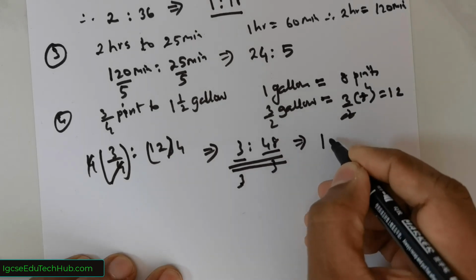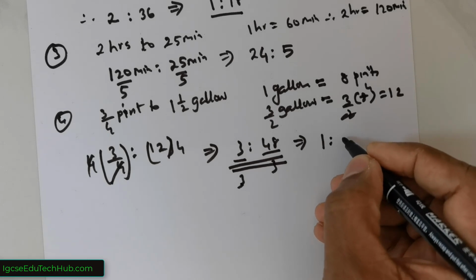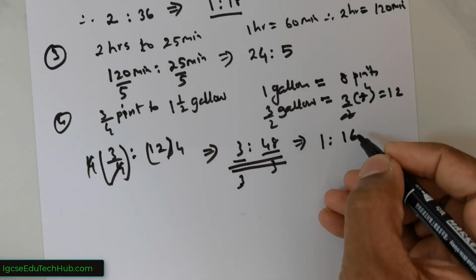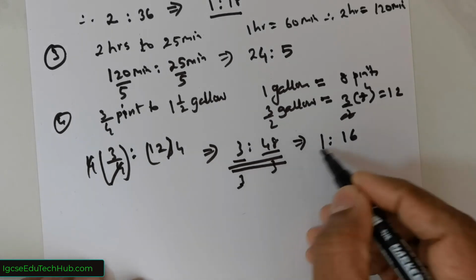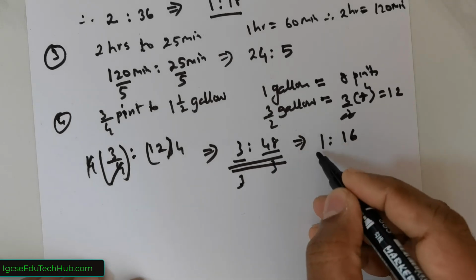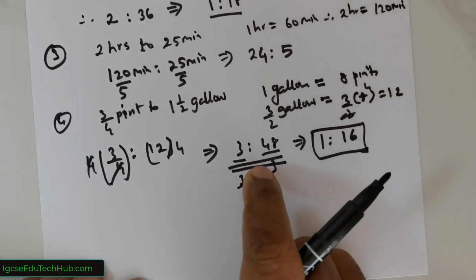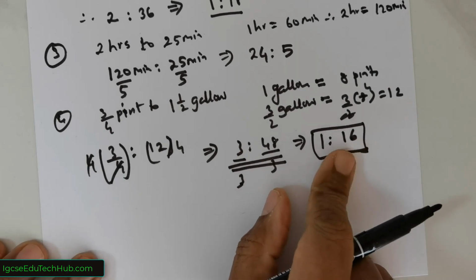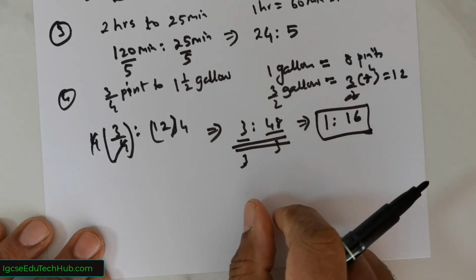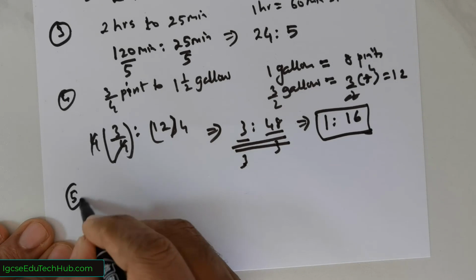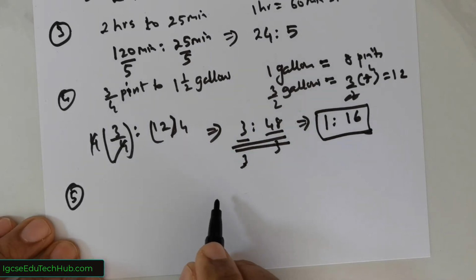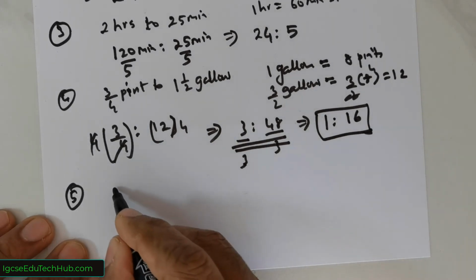That would give us 1 is to 16, because 3 times 16 is 48. That would be the final solution. You can stop either here or here, but better you stop here. Okay, so that is the set of questions. Probably I will do one more.